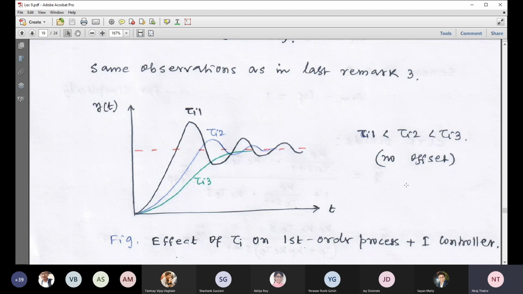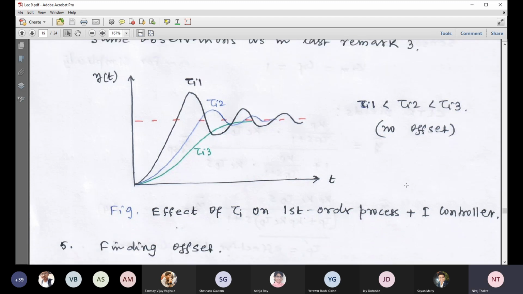So same observations as in the last remark 3, but the only thing here is that we are going to decrease the tau I value. In remark 3, we increased the Kc value.